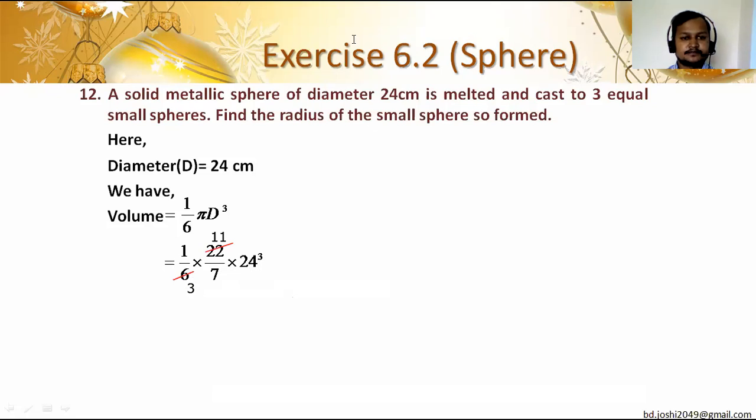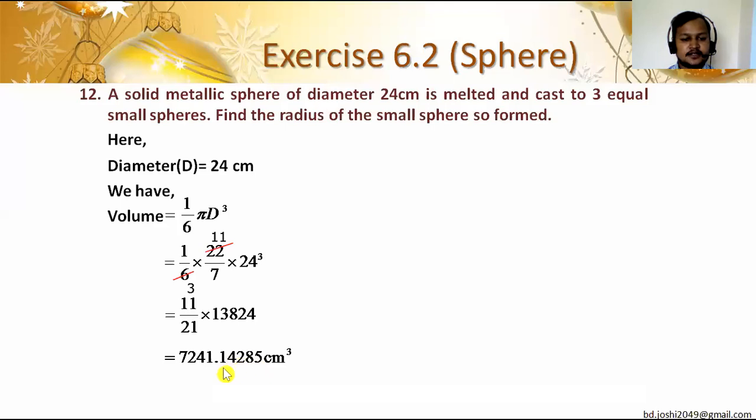Can you calculate it? 24 cube into 11 divided by 7 3 is 21. Okay, let's check what I have written. 11 into 13,824 divided by 21, 7,241.14.